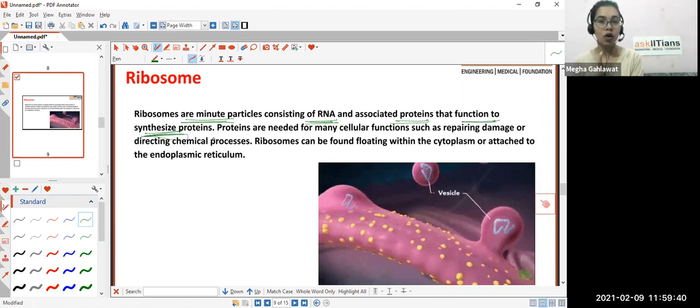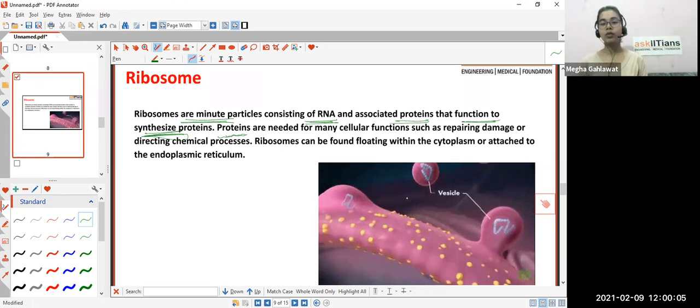Apart from that, proteins make up the entire body. They help in repairing the damages of your body. They help in doing all the metabolic reactions present in the body. And these ribosomes could be freely floating in the entire cytoplasm after they are made in the nucleus.